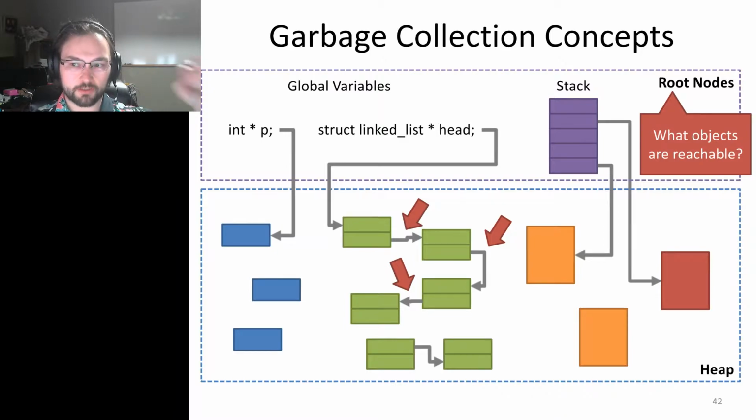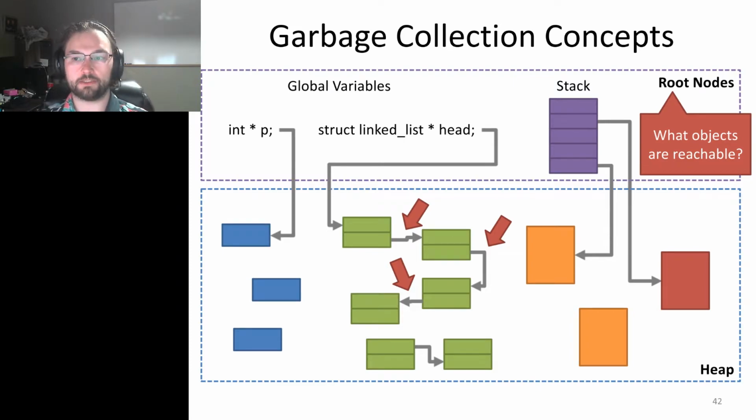Now, once we've started scanning at the root nodes, we may have to recursively traverse a bunch of objects on the heap to figure out which objects are indirectly accessible from the roots. And right here it shows the way it normally works, which is that the main root nodes are global variables and then local variables that are currently on the stack.